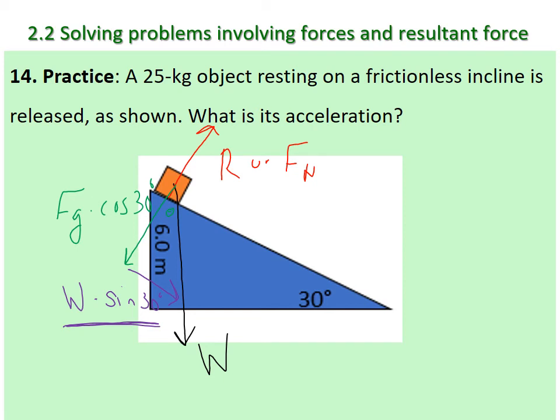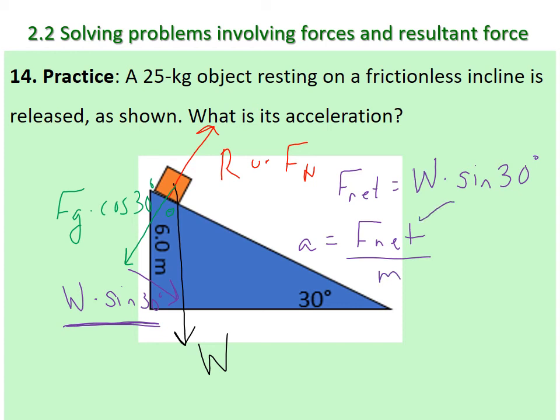Okay, so I'm going to say that the F net equals W times sine of 30 degrees. I'm looking for the acceleration. I know that acceleration equals F net divided by the object's mass.